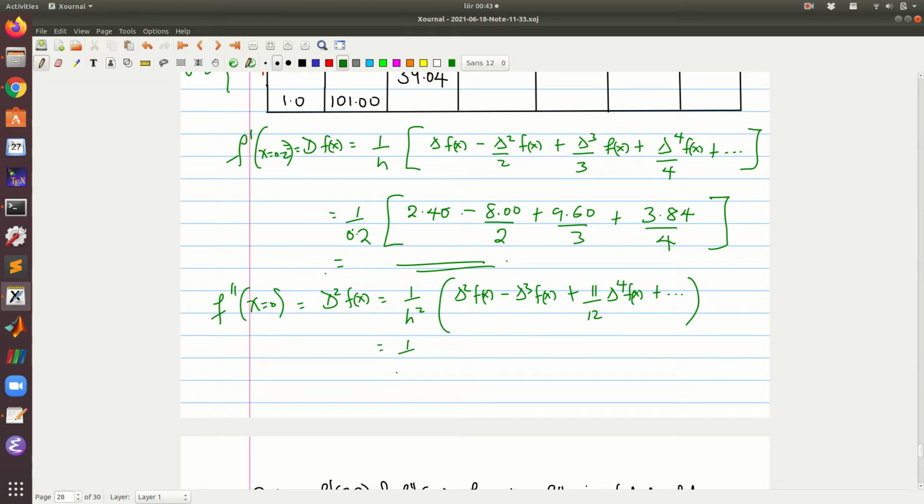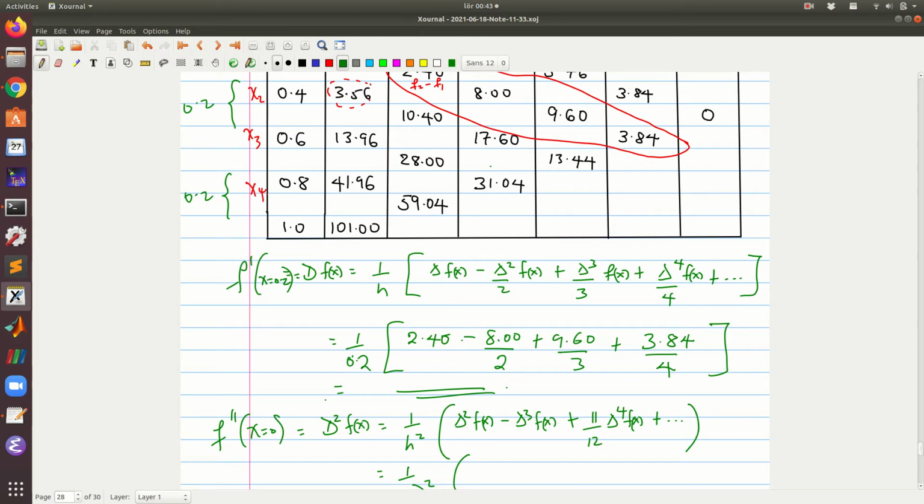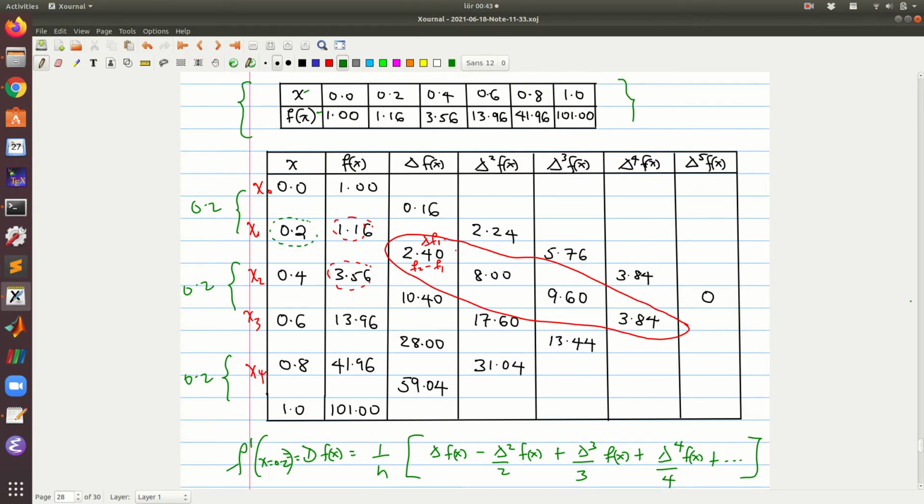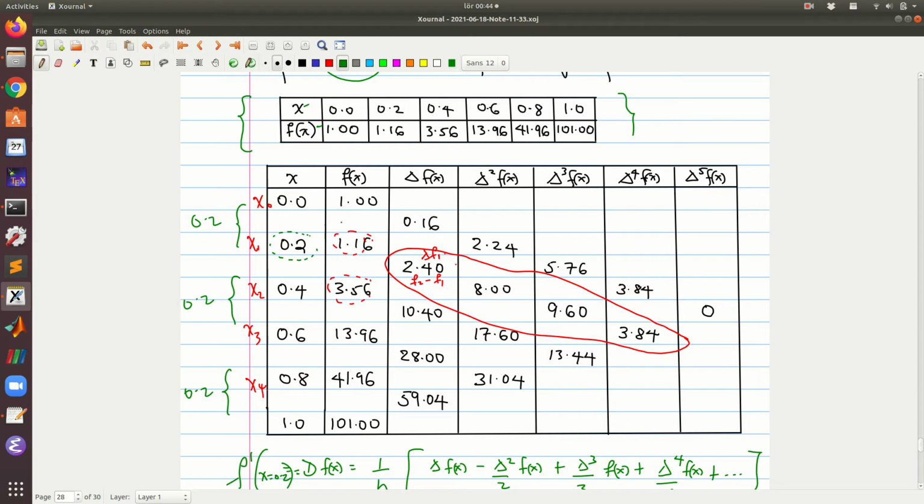Again, we simply substitute. This is 0.2 squared, then the second forward difference. We simply start from where the second forward difference is. Just a minute. Yeah, let me see. Oh yeah, so we are now at a different point. Sorry, I was still thinking about the point x equals 0.2. We are now finding the second derivative at the point x equals 0.